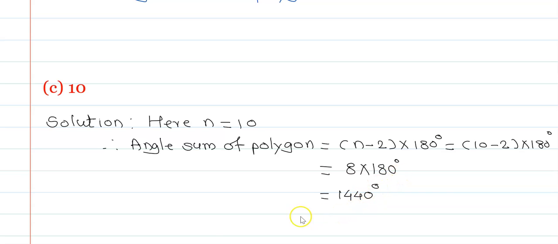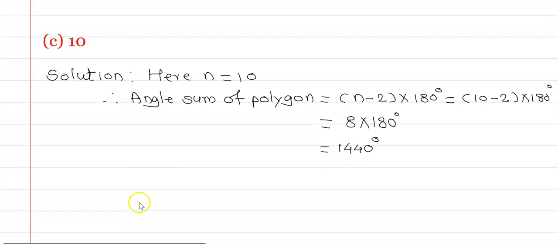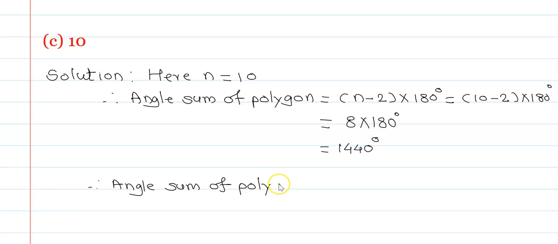Okay, and therefore angle sum of polygon is equal to 1440.